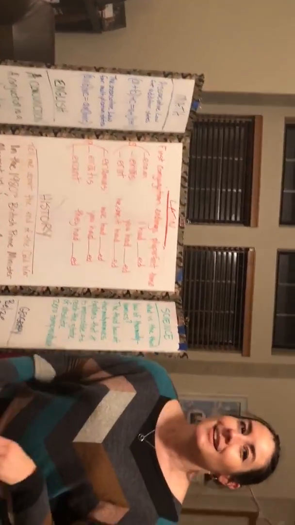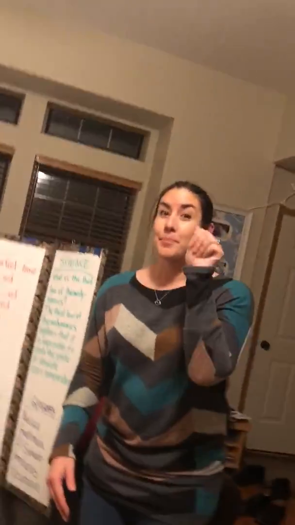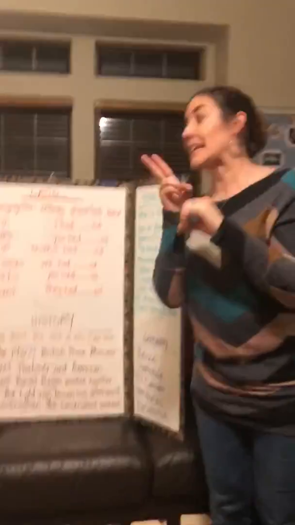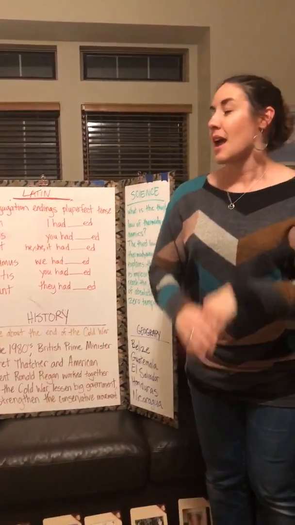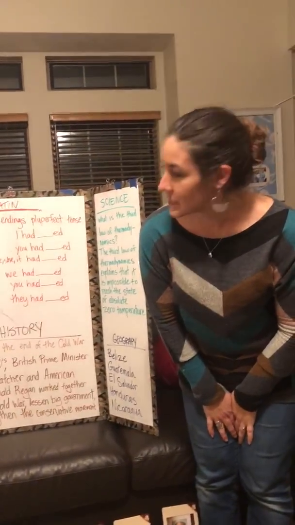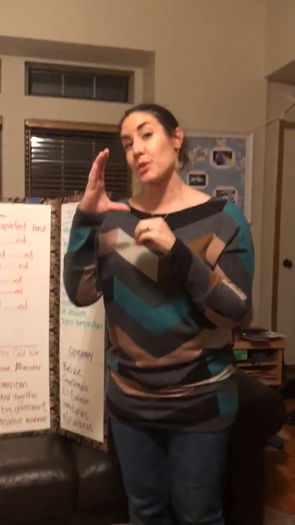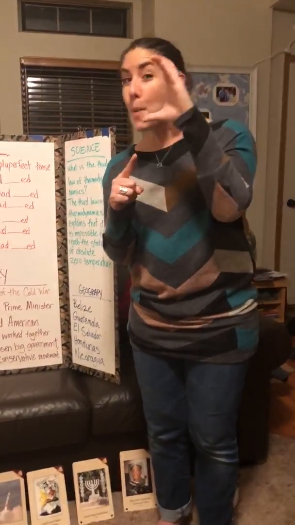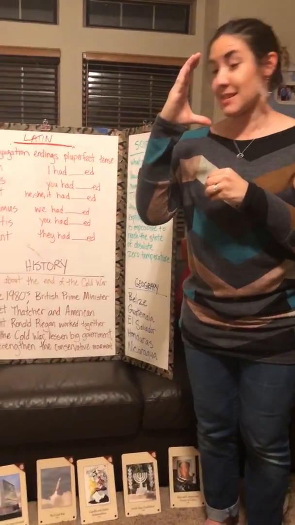Say it really fast. The associative law for addition states, opening parenthesis, A plus B, closing parenthesis, plus C equals A plus opening parenthesis, B plus C, closing parenthesis. And then the associative law for multiplication states, opening parenthesis, A times B, closing parenthesis, times C equals A times opening parenthesis, B times C, closing parenthesis.